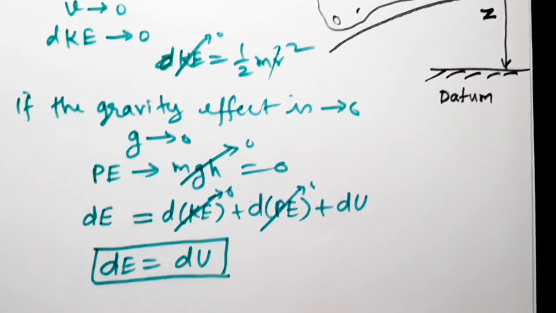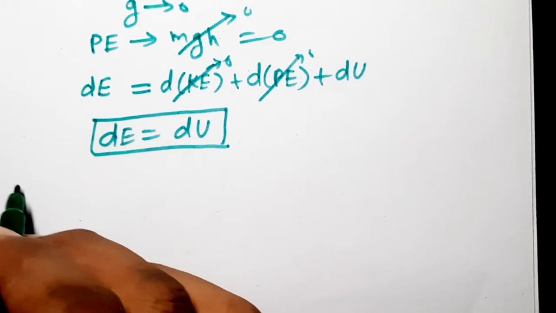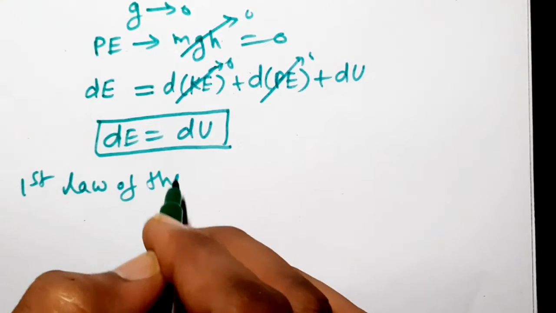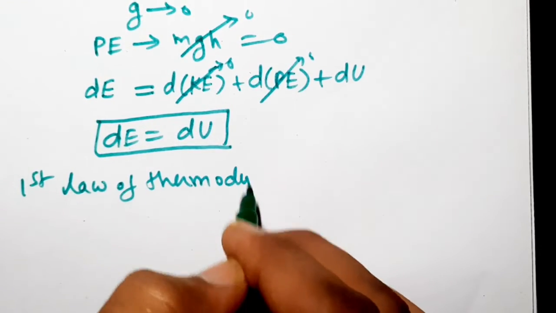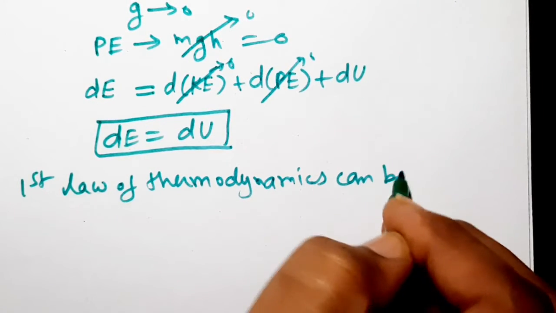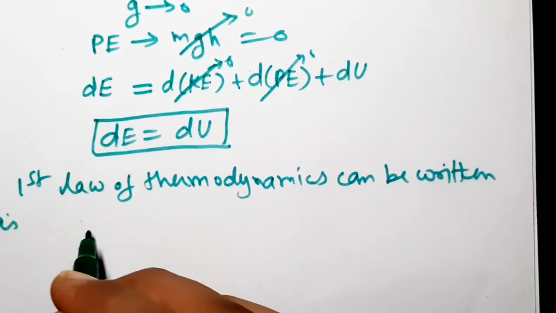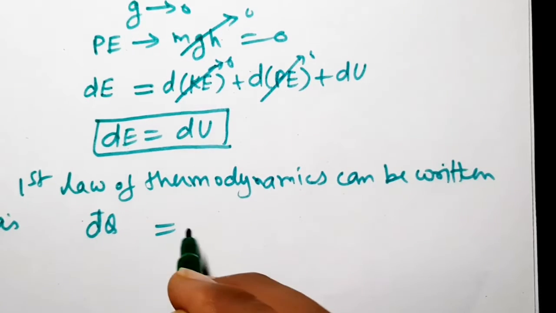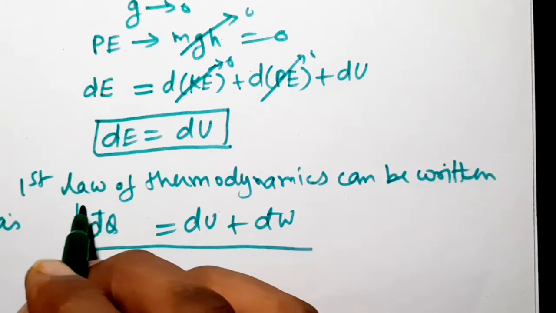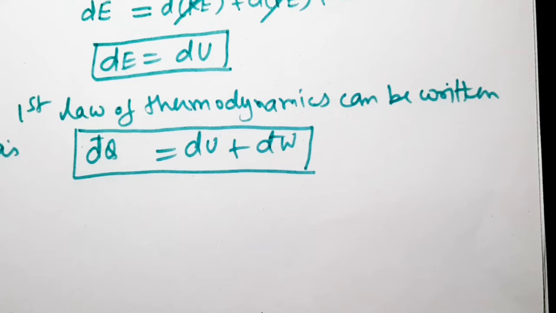So here the first law of thermodynamics can be written as del Q is equal to dU plus del W. Okay, so this is the first law of thermodynamics.